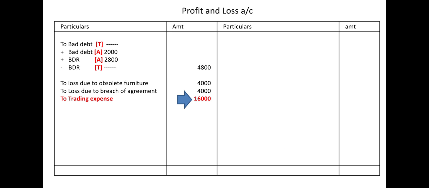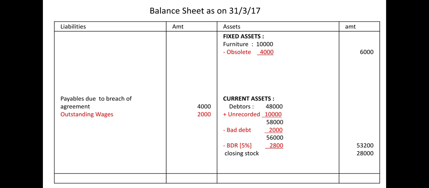Next, trading expense. Trading expense means office expense. Okay, so they are recorded in the profit and loss account on the debit side. Now next is building and office equipments. They are our fixed assets, student.